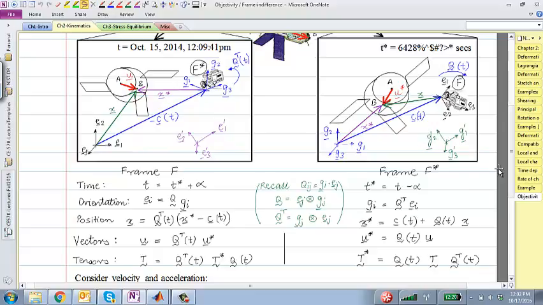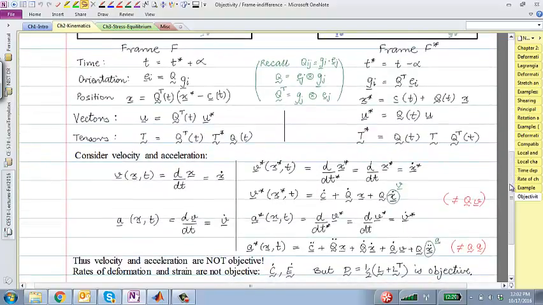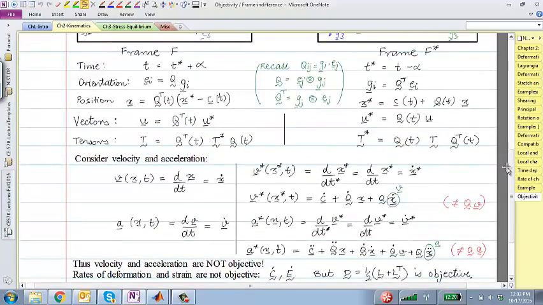They both have to be related that way. If there are vector quantities measured by both of these frames of reference that are not related by this relationship, they are not objective, because one frame of reference would say, hey, my vector is u, and the other would say, well, no, that's not what I get if I do a rigid body rotation. A very simple example of that is velocity, something as basic as velocity.